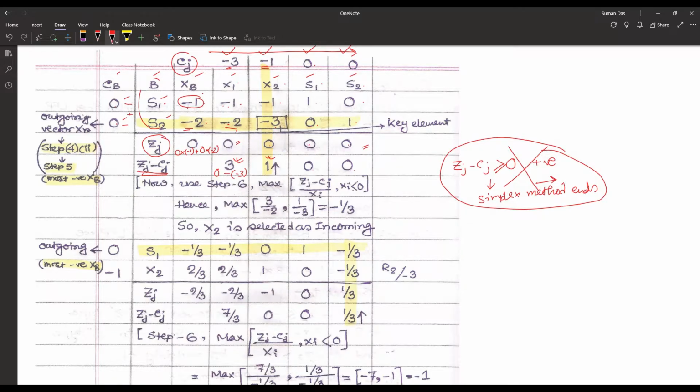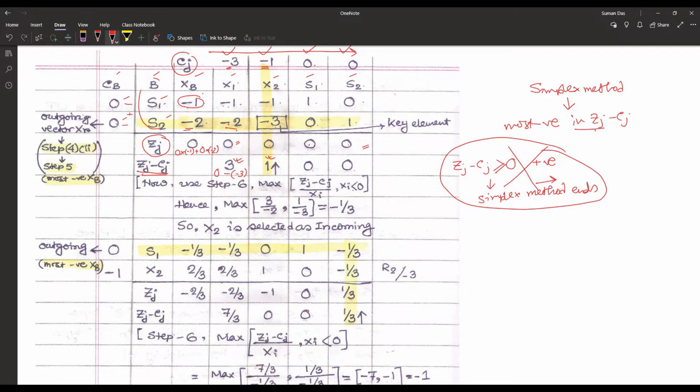Once again, in the simplex method, at first we consider which value is the most minimum in the case of Zj minus Cj. When we are using the simplex method, we consider which is the most negative in Zj minus Cj.